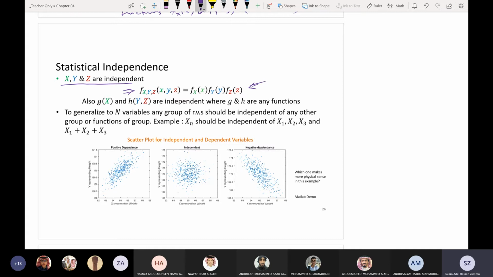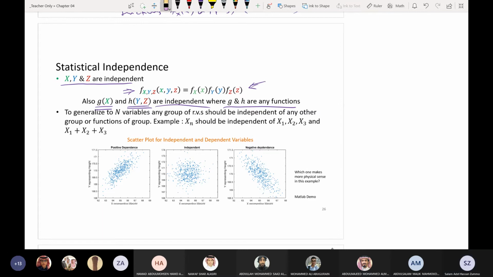Also, any function of x, any function of y and z, or any function of x and y, any function of y and function of z, and so on, should also be independent. So g and h are any functions. So to say that, the joint PDF of X, Y, and Z has to be equal to the product of the marginals, as well as the pairwise.